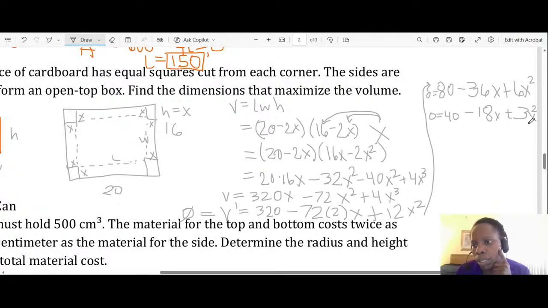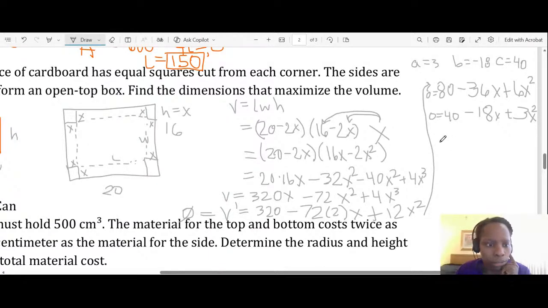It really all depends what you want to do. Let's just say A is equal to 3, B equal to minus 18, and C is equal to 40.